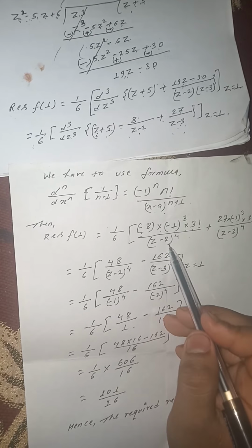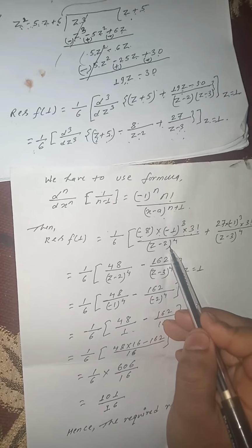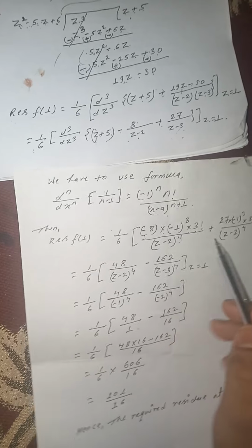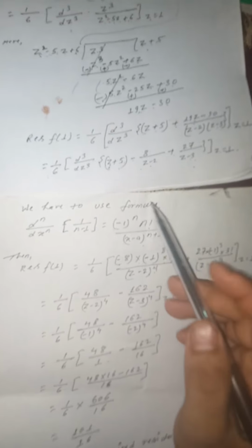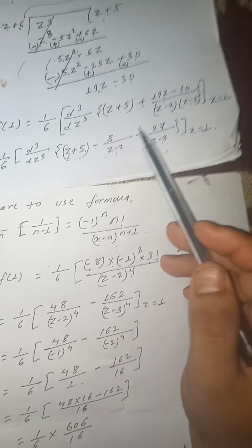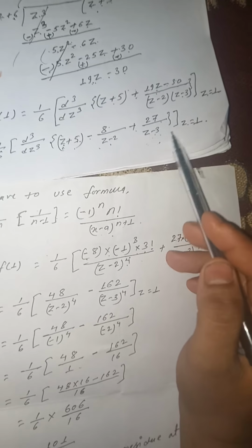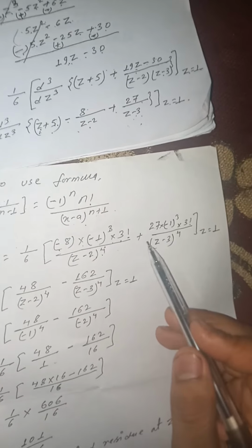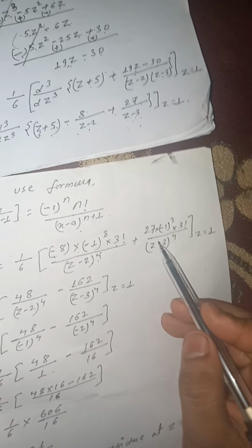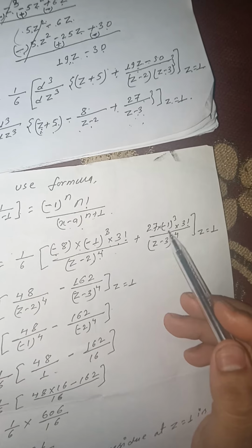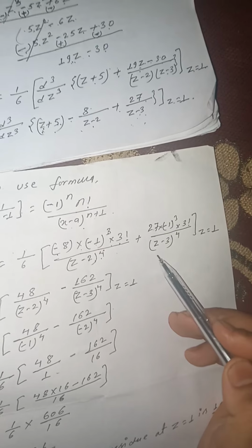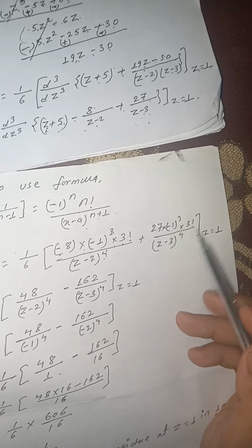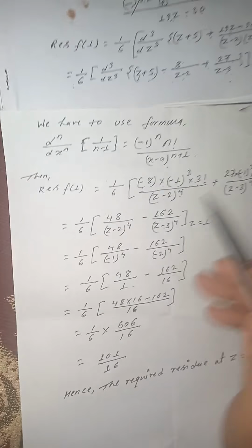In place of a we have 2, and order 3 plus 1 is 4. For the second, 27 upon z minus 3, the same process: 27 we can bring first, and minus 1 power 3 into 3 factorial upon z minus 3 power n plus 1, n is 3 plus 1, 4.